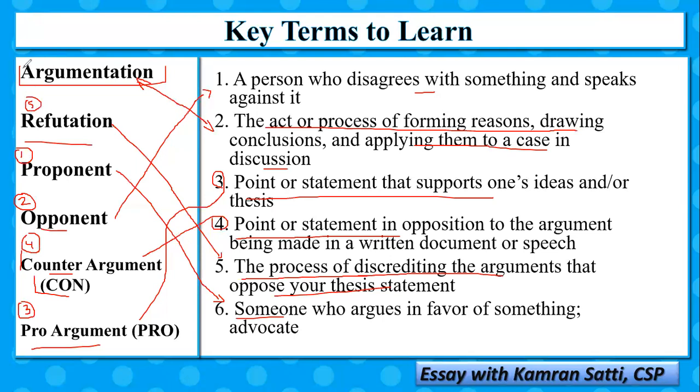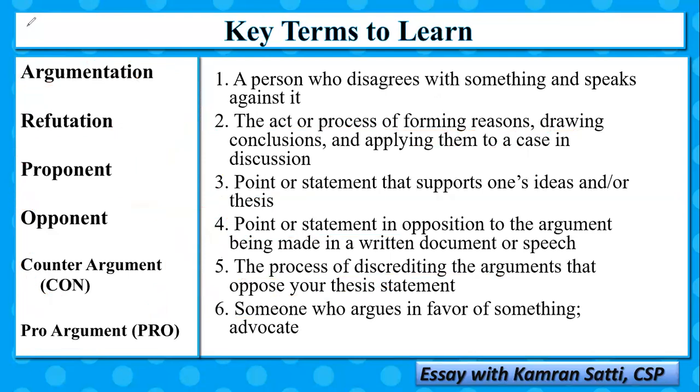And this argumentation, in general, basically tells us about this whole process, what the argumentative essay or argumentation is all about. So I hope these terminologies are clear to you.